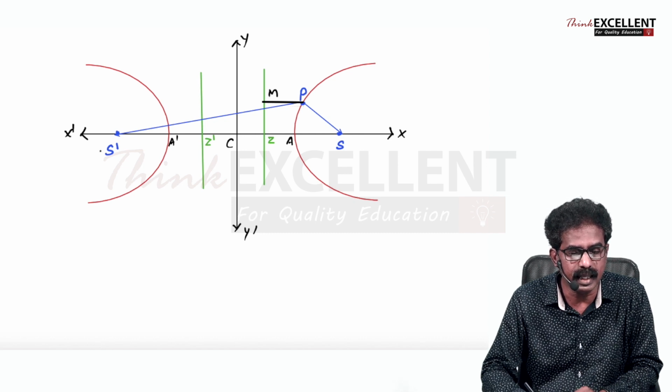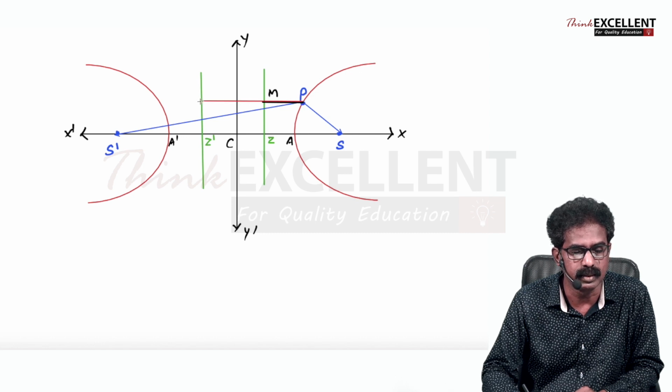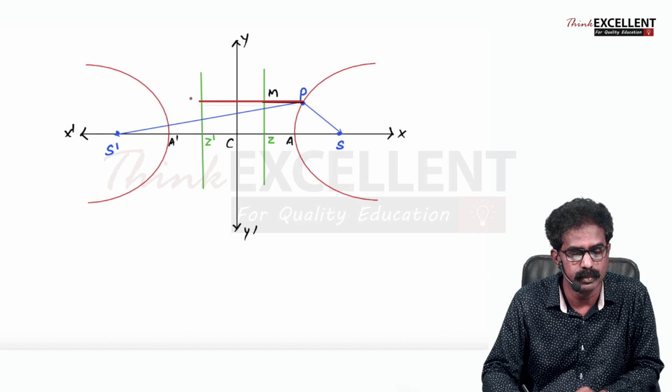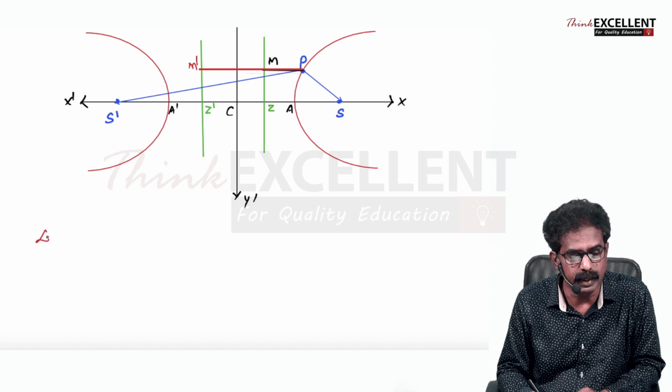And when you take the second focus, S dash P by PM dash. Please listen very carefully. PM dash means the second directrix, because we are using the second focus.